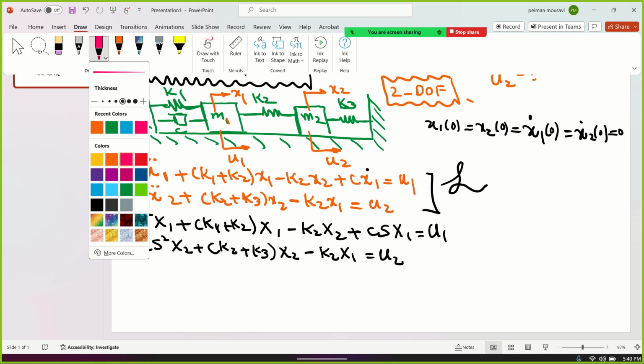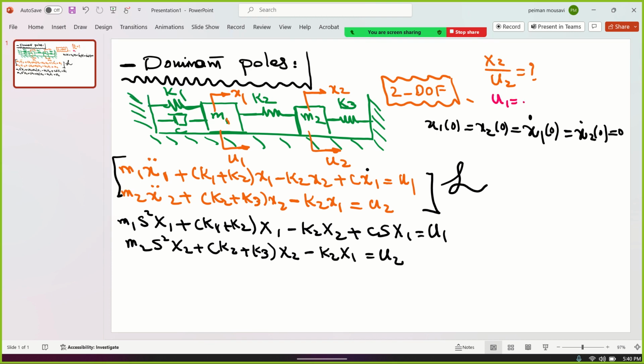For now, U1 is 0. Okay, U1 is 0, so this is 0 for simplicity. Only I have this input to the system. Okay, good. I want to find X2 over U2.